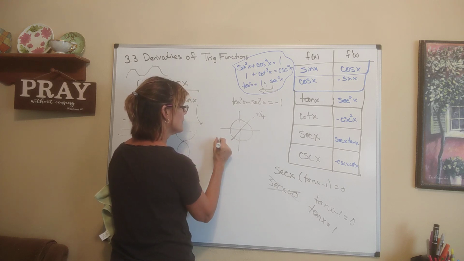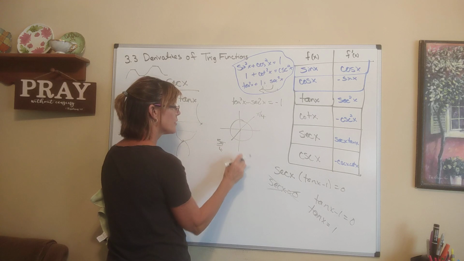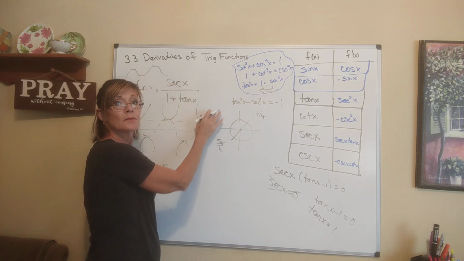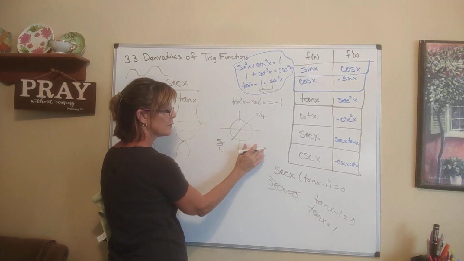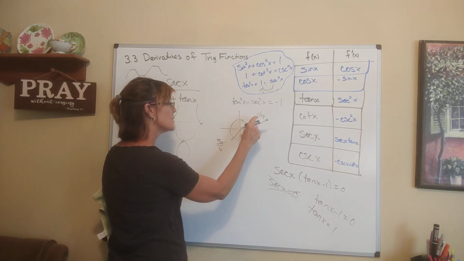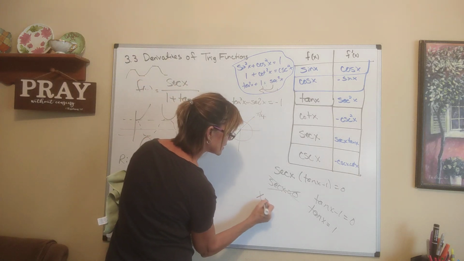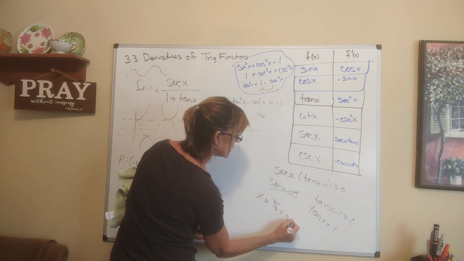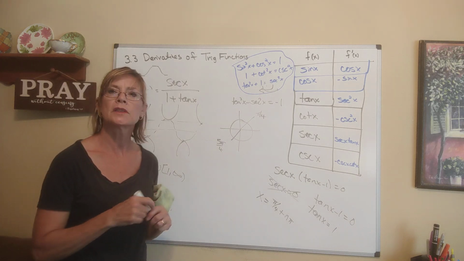Because in quadrant 1 it's positive over positive, and in quadrant 3 it's negative over negative. But in quadrant 2, the tangent of 3 pi over 4 is -1, and 7 pi over 4 is -1. So it's going to be at pi over 4 and 5 pi over 4. How you can write this succinctly is when x is pi over 4 plus n pi, and that will catch all of the values when the slope of the tangent line is 0.